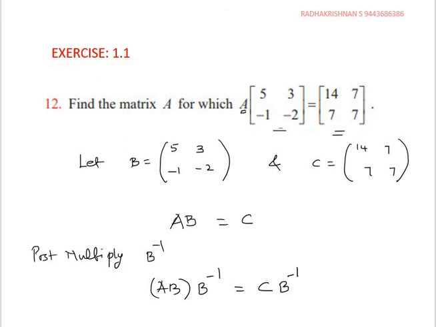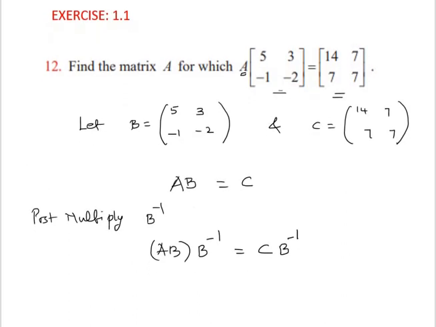Right? Okay. Now what happened to this one? B into B inverse. If I multiply a matrix with its inverse, we have already seen that I will get the identity matrix. Understood? Using this property, what will I get here? This is A, this is B into B inverse. Matrix multiplication is associative.